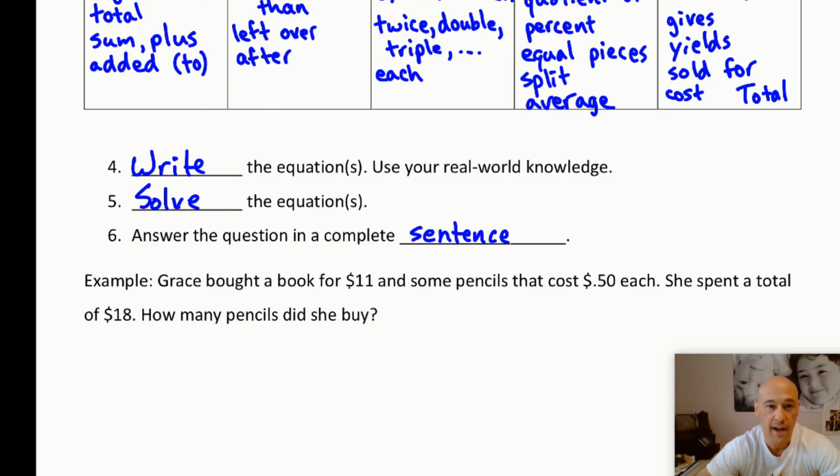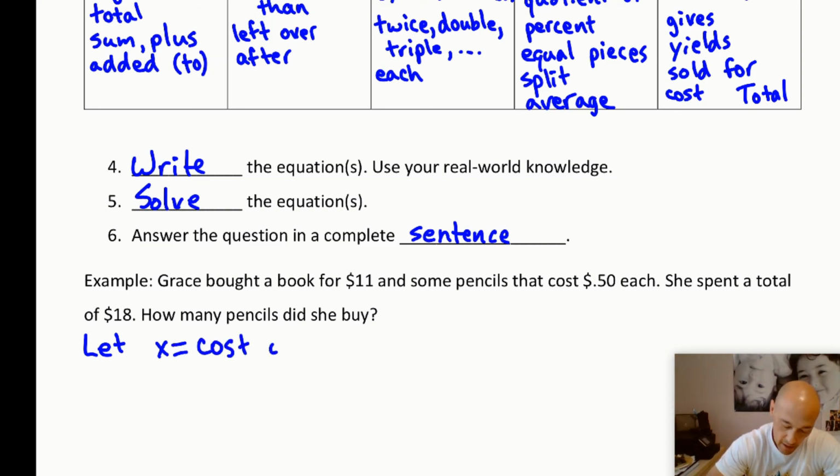So we need to define our variable first. So I'm going to let x equal the number of pencils she bought. That's what we're looking for. Well, we're looking for how many pencils, excuse me.